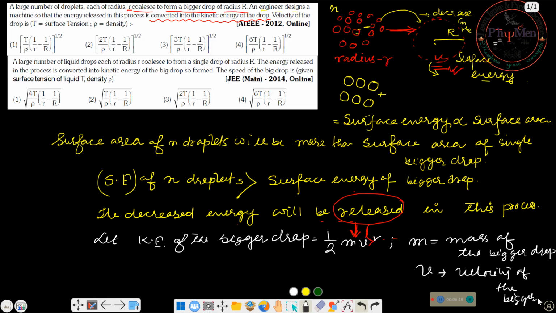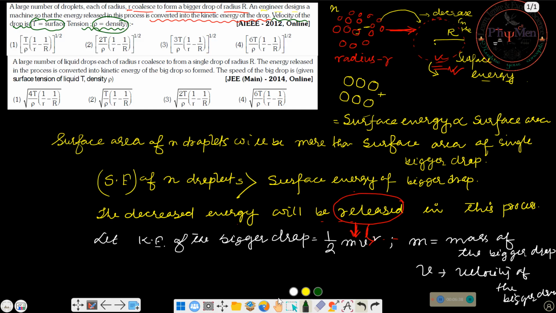Bigger drop means of radius capital R. Now the question says, what is the velocity of the drop? Given here, the surface tension is T and rho is the density of the drop.